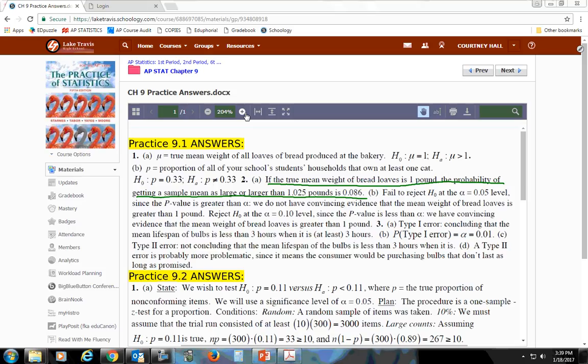Okay, they're not going to ask us to do it, but let's talk about what the interpretation of the p-value would be for the cat problem. And let me just make up a p-value. You don't have to write it down, but let's just talk through it.